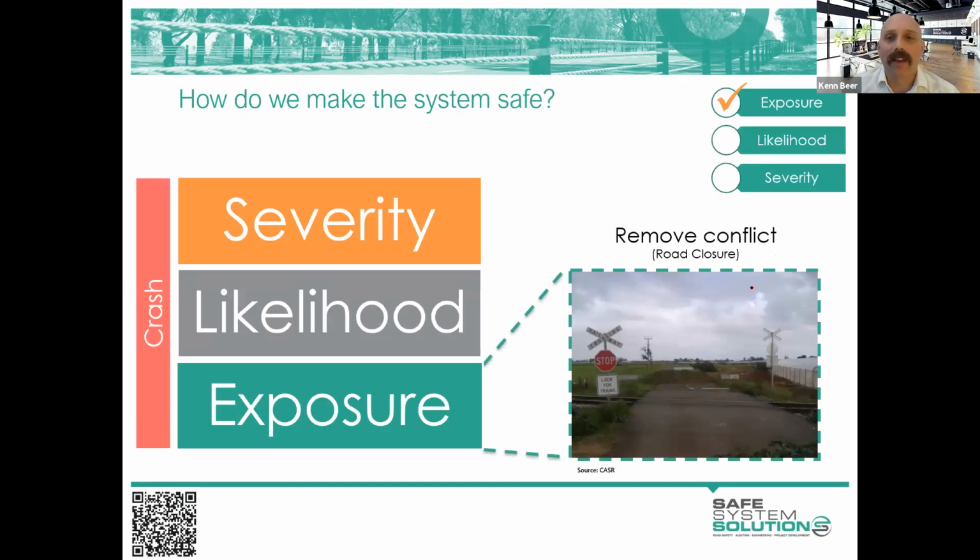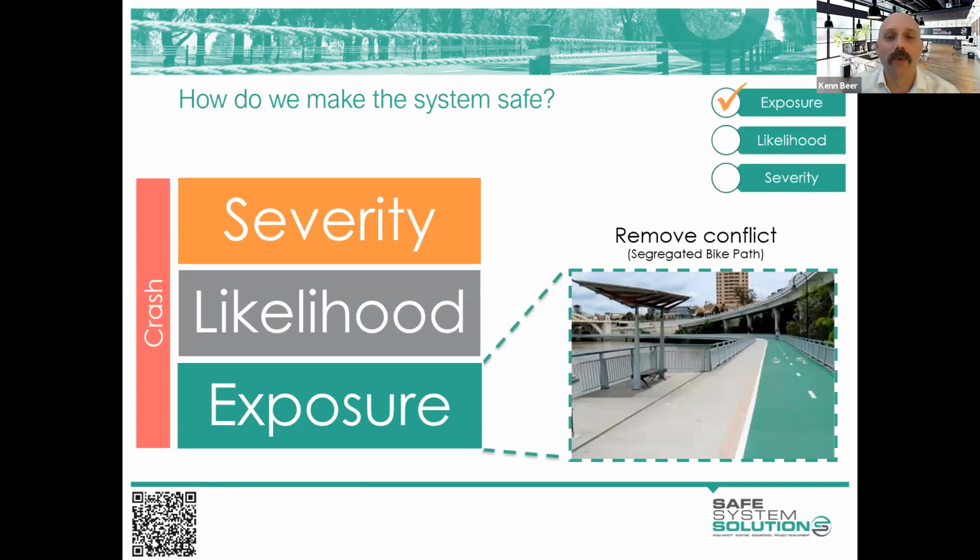Exposure, as I talked about, are the numbers, the number of vehicles exposed to that crash. And so you see that full separation there that we've got with the bike path means that exposure to crashes with passenger vehicles has been eliminated essentially by the construction of that separated facility.